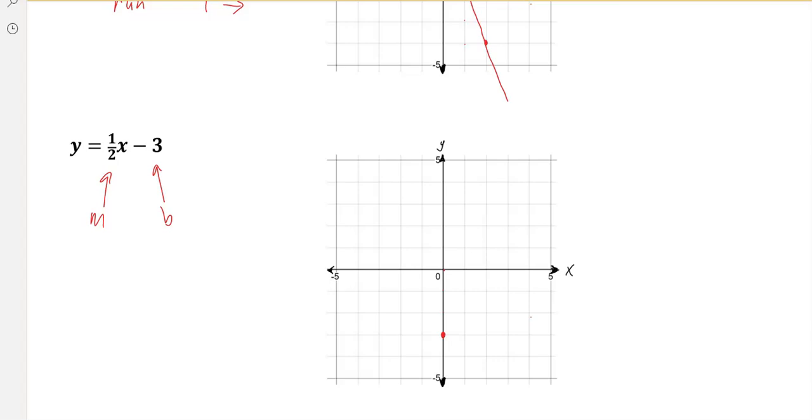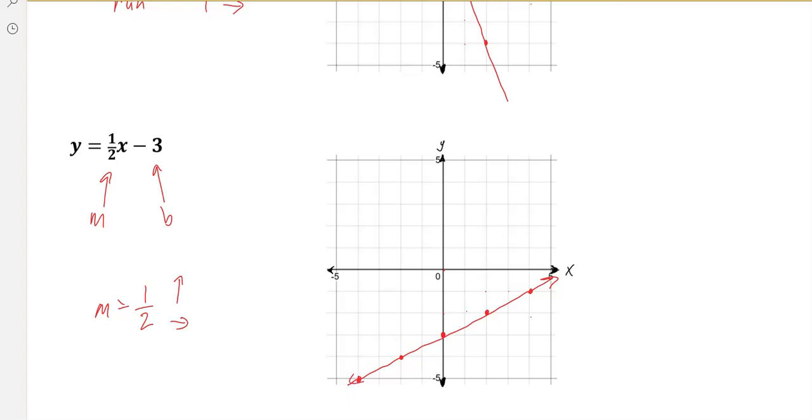So that means if m is 1/2, it goes up 1 and to the right 2. So from here, where it starts, it goes up 1 to the right 2. Up 1 to the right 2. Down 1, back 2. There we go. And we connect all those dots, and we have a nice straight line that we are graphing.